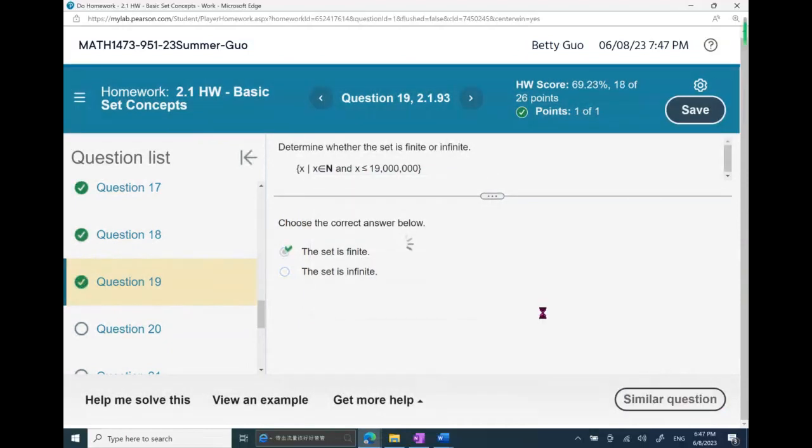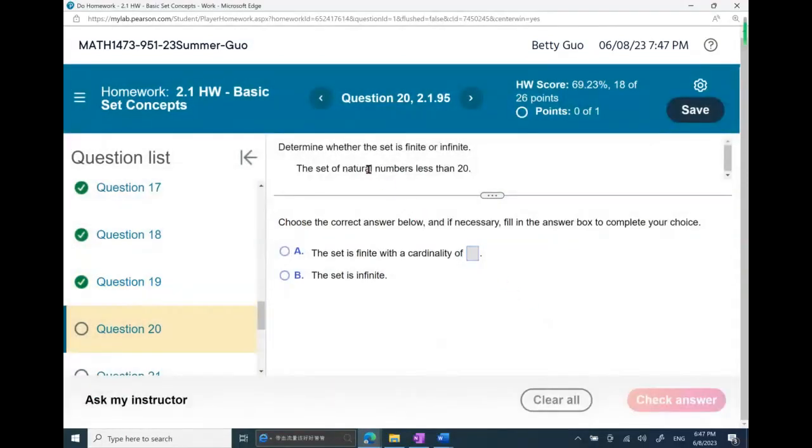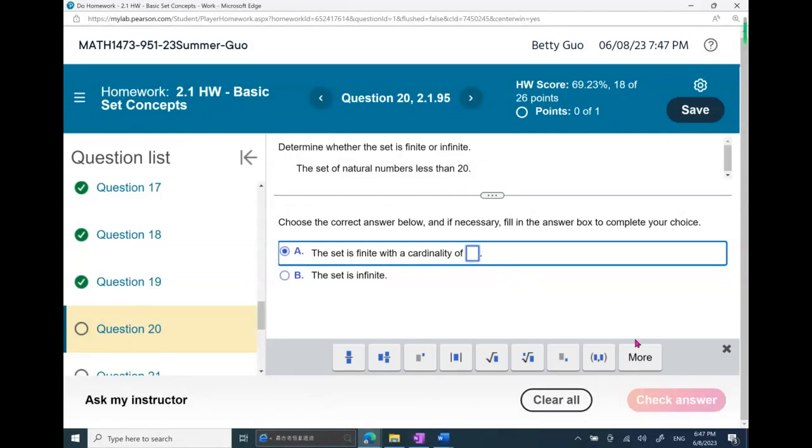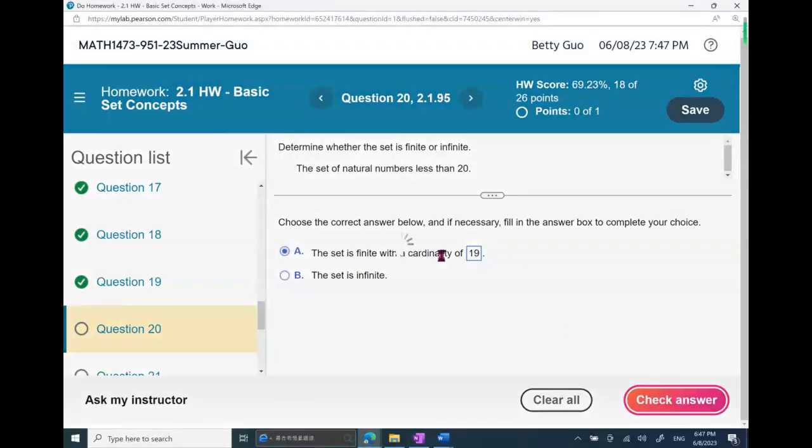Awesome. What about this one? Determine whether the set is finite or infinite. The set of natural numbers less than 20. From 1 to 19. Finite, and the cardinal number is 19. Very good.